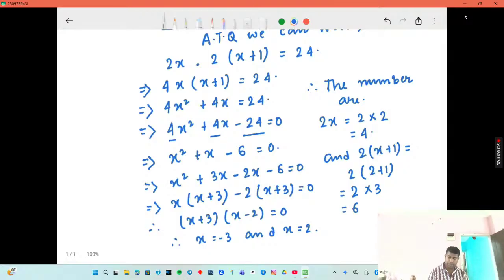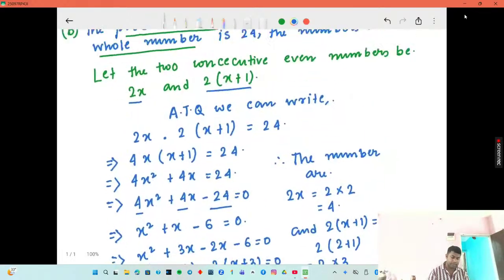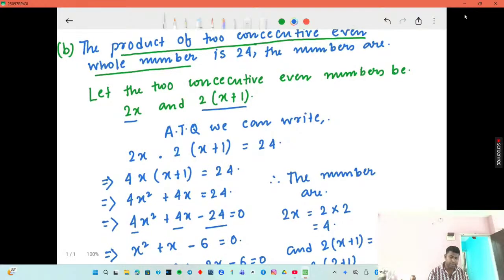Therefore, here the numbers are 4 and 6. Because here we have taken the numbers as 2x and 2x plus 1.